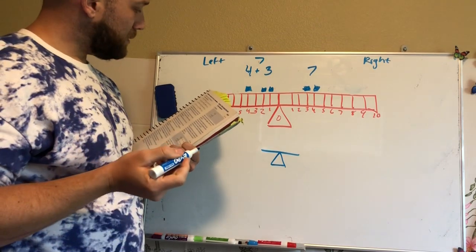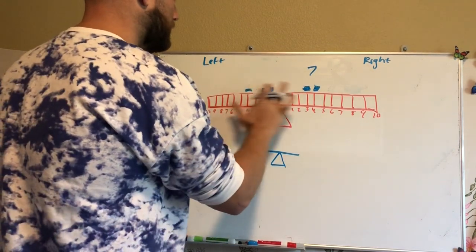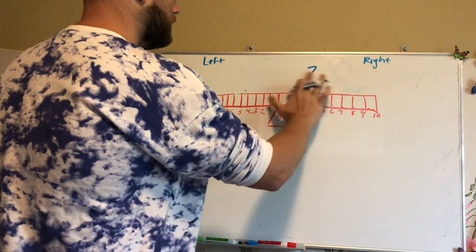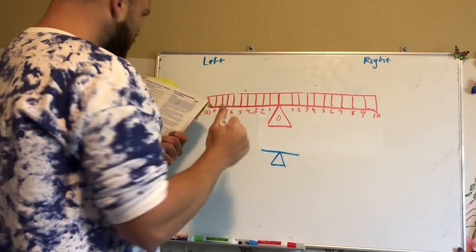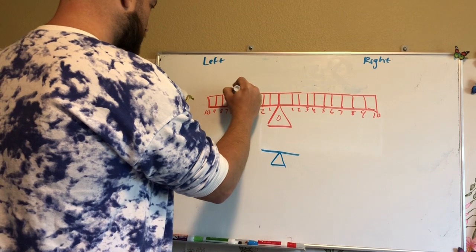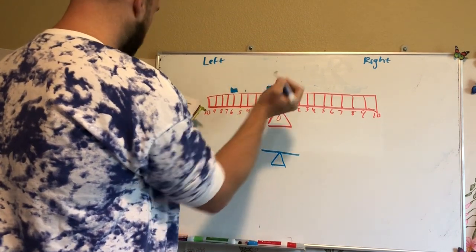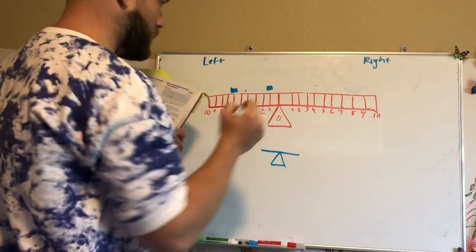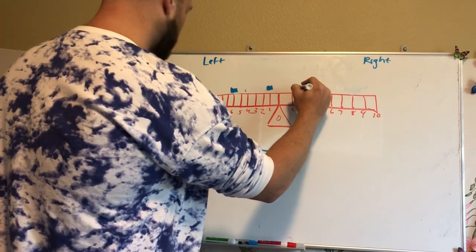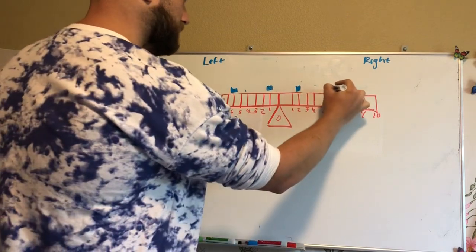Problem C. On the left side, you have 6 and a 1. And on the right side, you have a 2 and a 6.